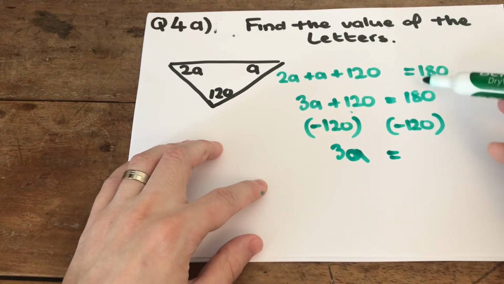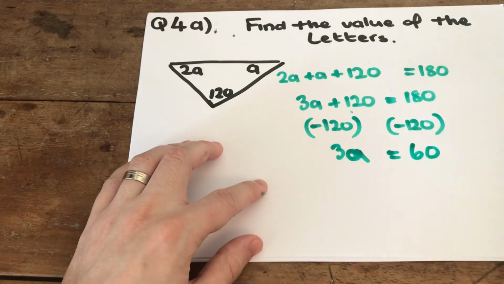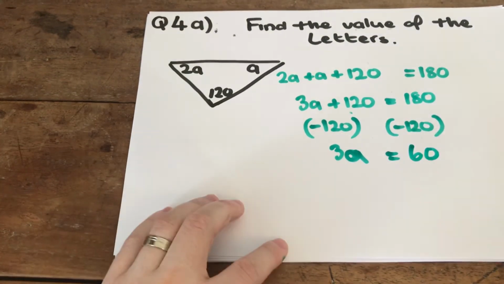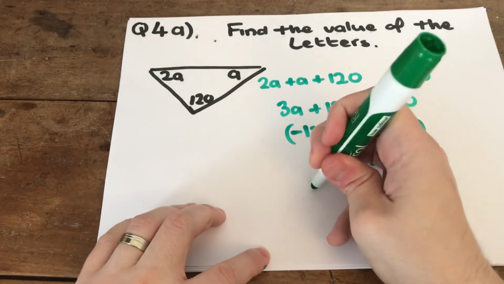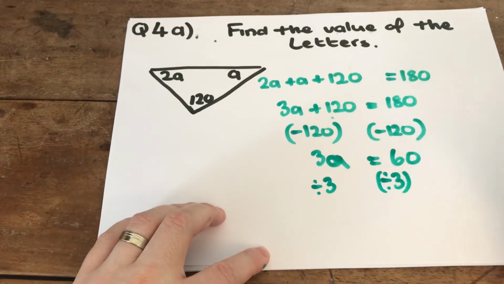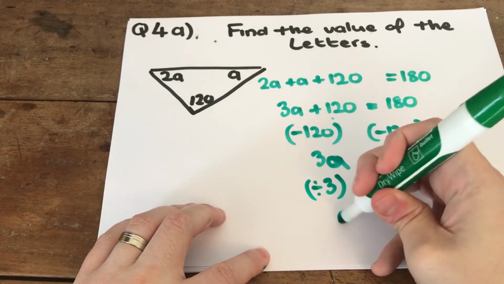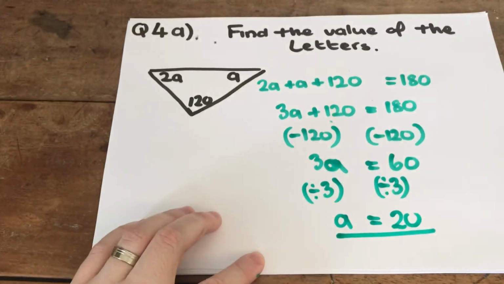We then do 180 take away 120, which gives us 60. We've got 3a, that's the same as 3 times a. So we divide through by 3 because the inverse of multiplying by 3 is dividing by 3, and you get a equals 20.